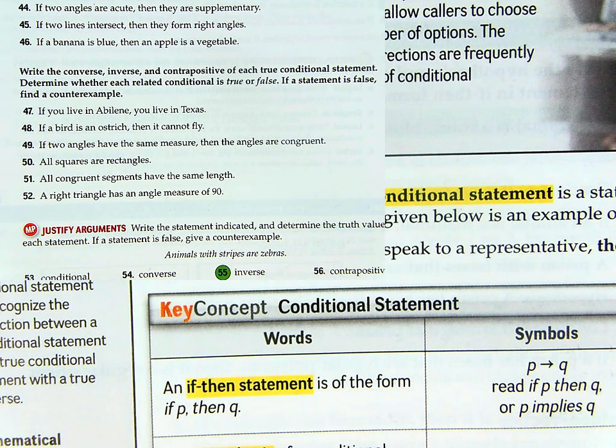Let's see. If you don't live in Abilene, we don't live in Abilene, but we live in Texas. So that's false. As long as the hypothesis is true, doesn't that mean the conclusion has to be true for it to be true, right?